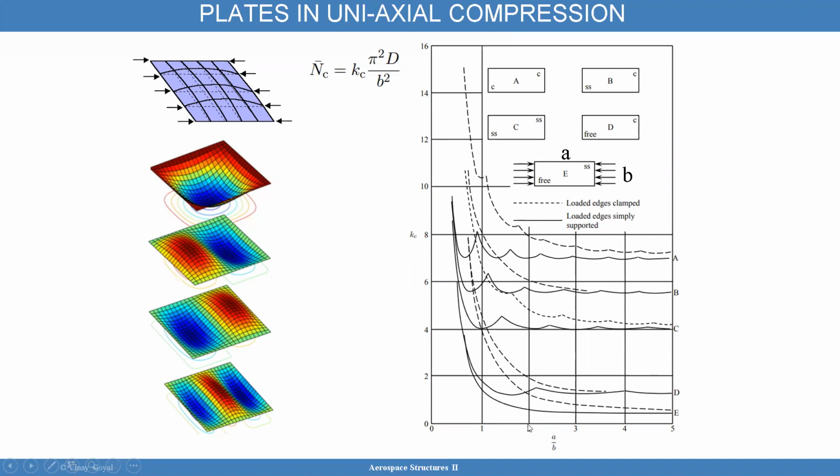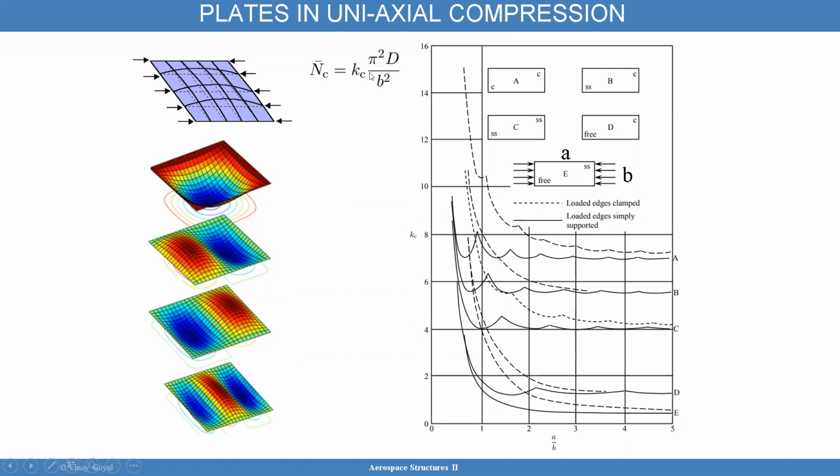So I go here to case D, and I calculate KC of about 1.6. And you see a dash mark as well, because here you can either have all loaded edges clamped or all loaded edges simply supported. So you have additional boundary conditions that allow you to do sensitivity studies.